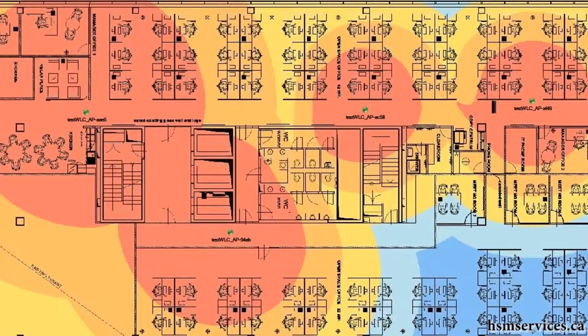But basically, you get a heat map. And on the heat map, red shows us, in this case, the areas with the largest coverage, and blue shows us areas with very little coverage. In AirMagnet, it's pretty much the same.